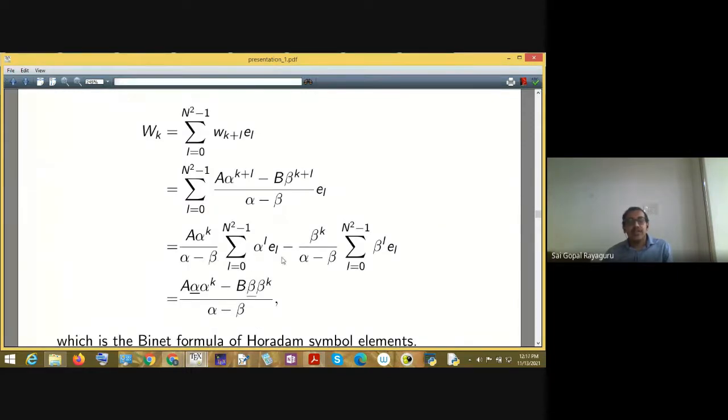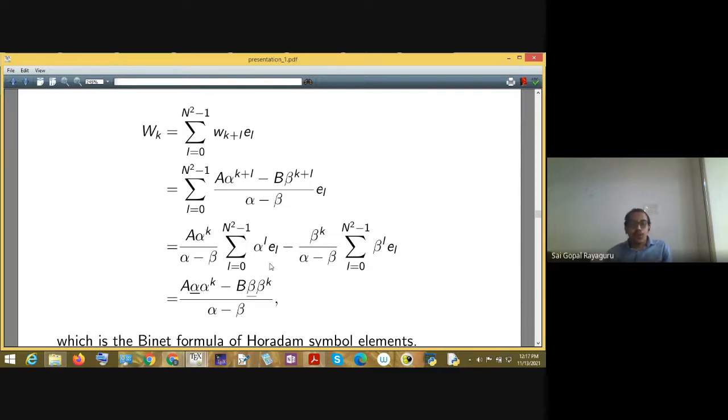Then, adjusting this summation, taking alpha raised to the power k outside of this summation, and beta raised to the power k outside of the summation, we arrive at A alpha^k upon alpha minus beta, with the summation varying from l equal to 0 to n squared minus 1 of alpha^l e_l, and the same with beta, and there is a negative sign in between.